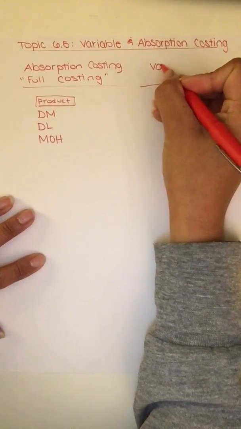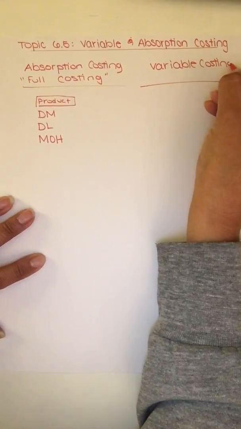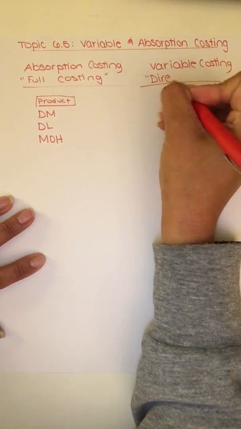That differs from another costing system that's out there called variable costing, also sometimes called direct costing.